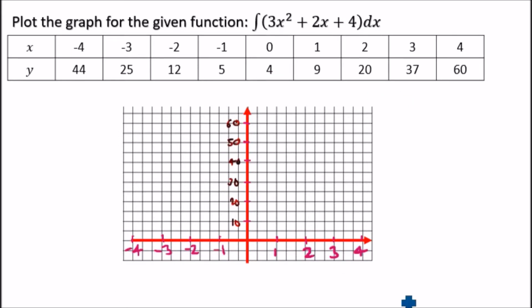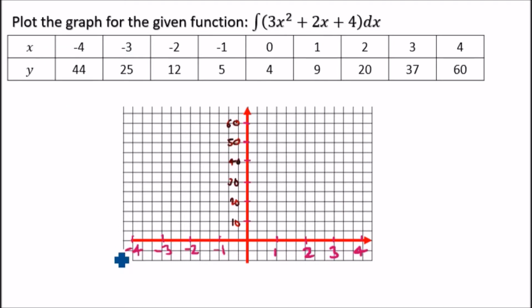I did the x-axis here, the y-axis above, and I'm going up in tens, 0, 10, 20. The reason is that the biggest y value is 60 and the smallest is about 4, so let's say the smallest is 0. Between 0 and 60, it makes sense to go up in tens. You can go up in 5s if you like. It depends how big your graph is.